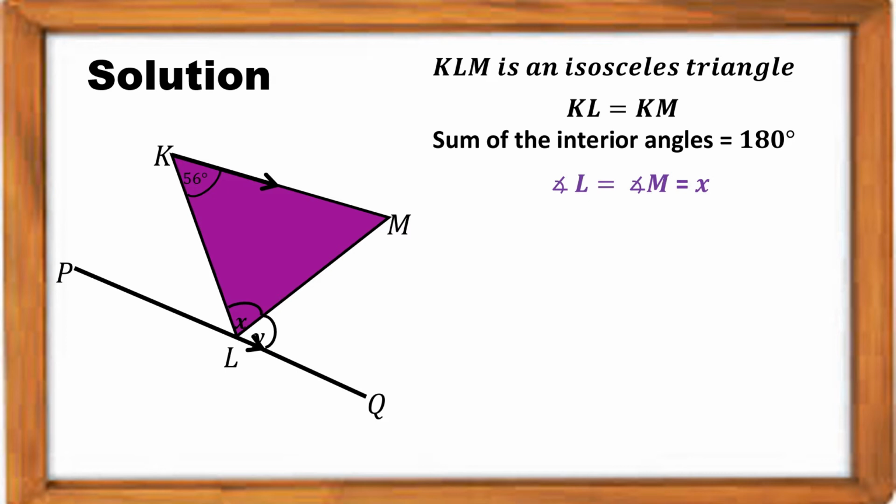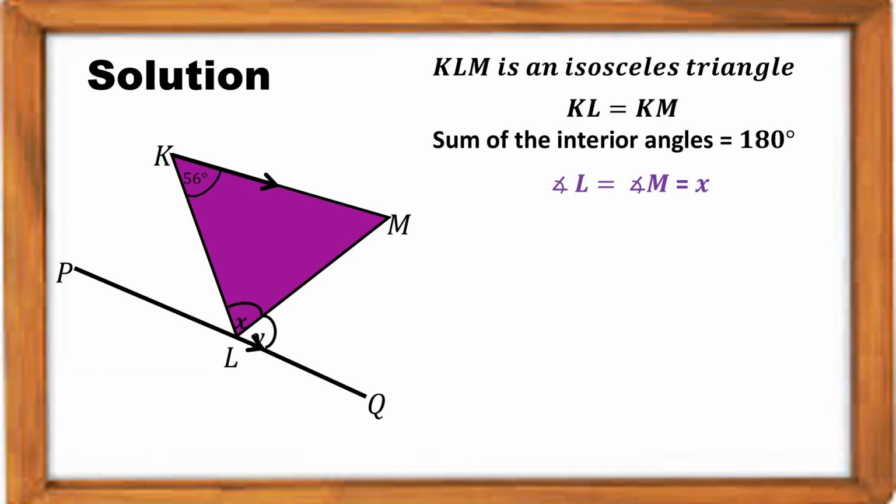And we know that in this triangle, the interior angles, we have 56, and we know that angles L and M are going to be equal. So what we're writing in the next line is angle L equals angle M.